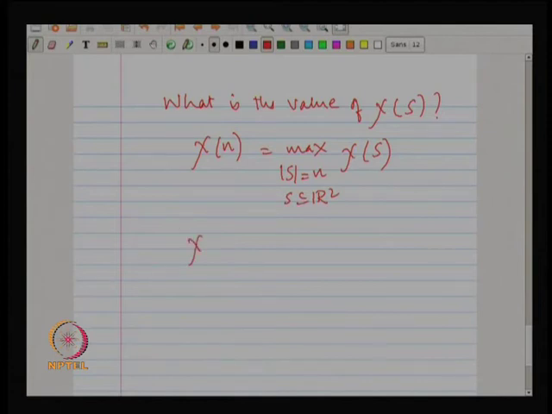So, the question is what's the value of chi of n? What does your intuition say? So, what about points on a grid? Suppose you take grid points, a root n by root n grid. What do you think the answer will be for that?